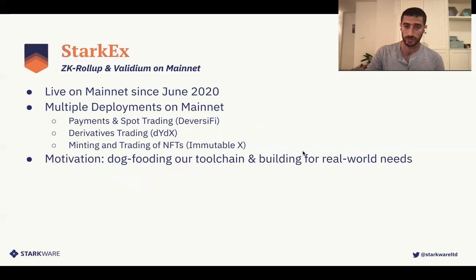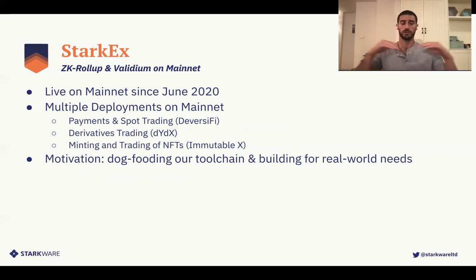And lastly, the last foundation is StarkX itself. Already today, there are multiple deployments on mainnet. I'll go a step backward. StarkX is a ZK rollup application.